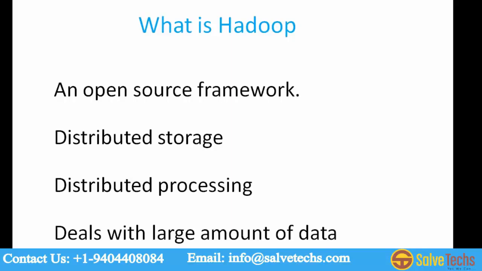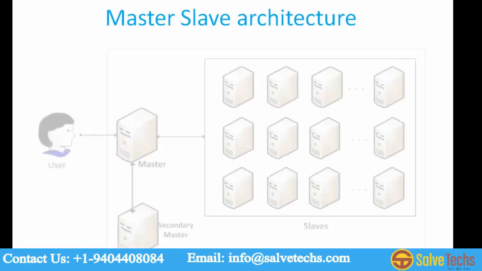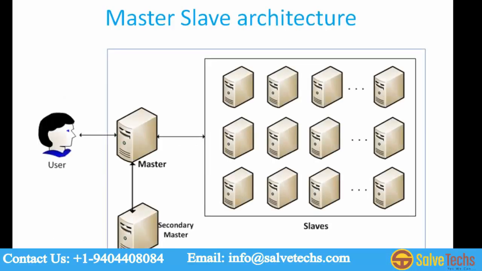Now let's talk about the concept of Hadoop, that is master-slave architecture. Just comparing this school example with the Hadoop technology. In Hadoop, there is a master machine, as you can see, which you can compare with the principal.